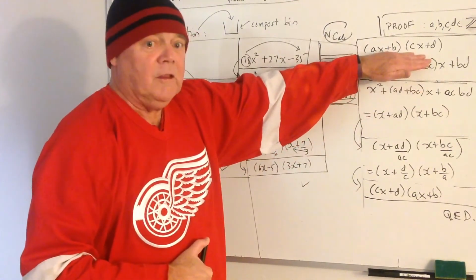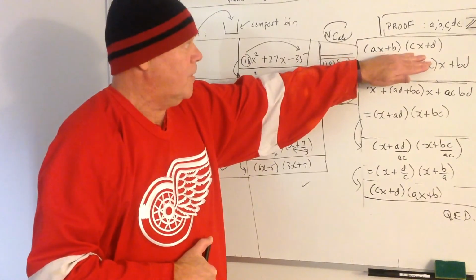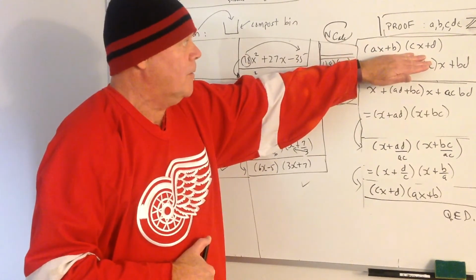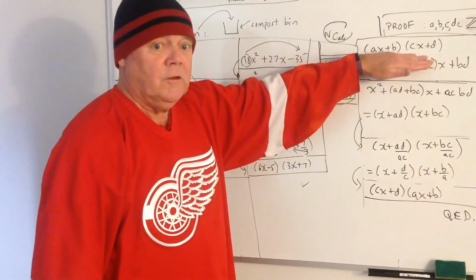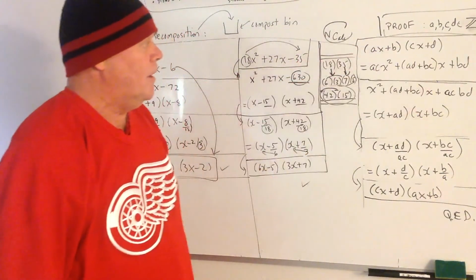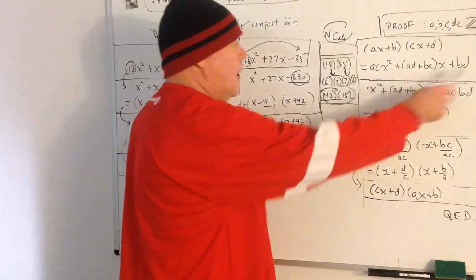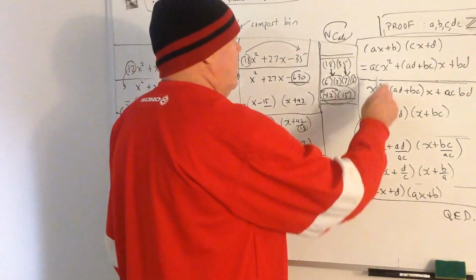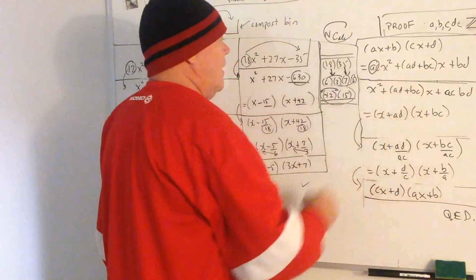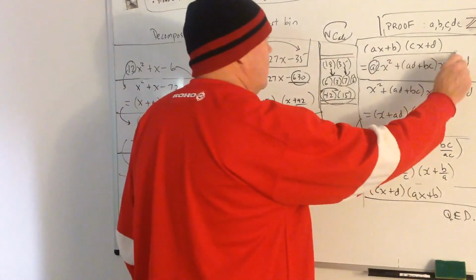First of all, to guarantee that it's factorable, we can start off with ax plus b times cx plus d, which guarantees it's factorable because we're starting with two factors. Multiplied out, we get ac x squared plus blah blah blah. There it is. So the method says, let's take the ac and multiply it by the constant term. Well, there it is.